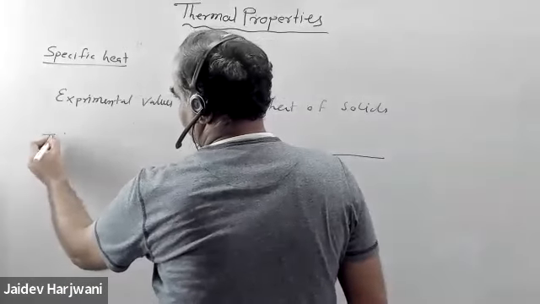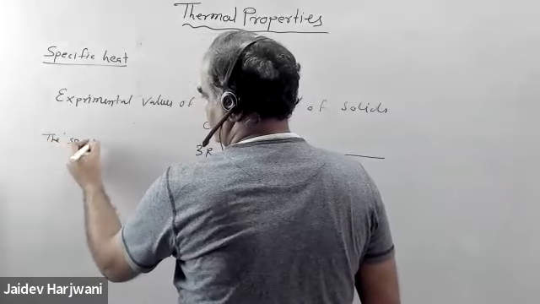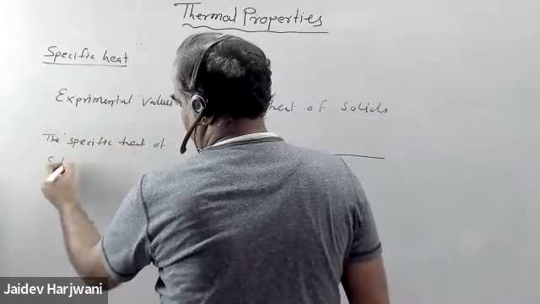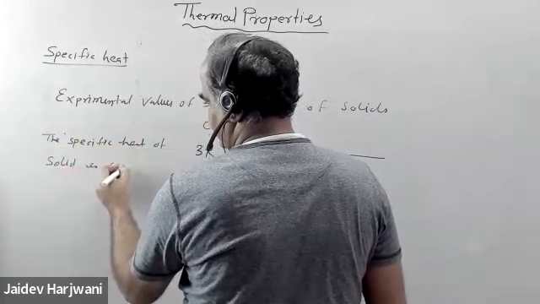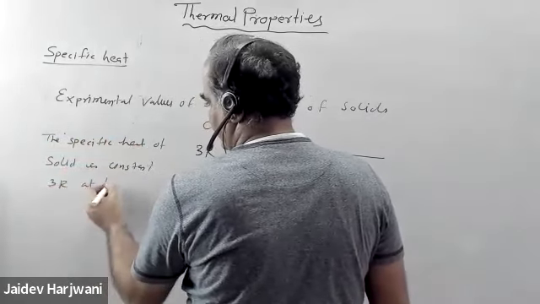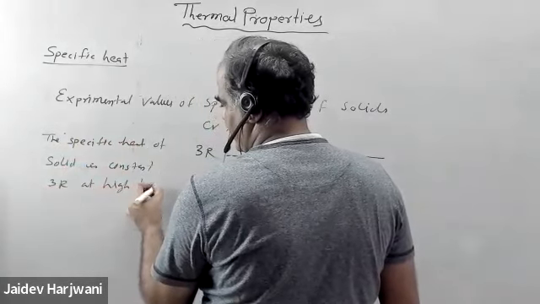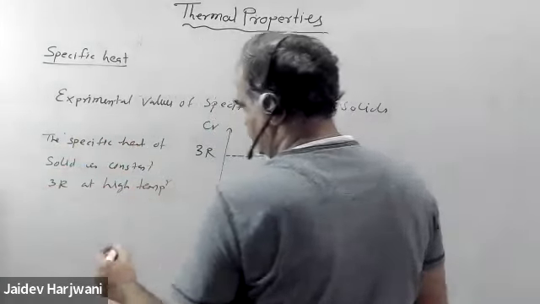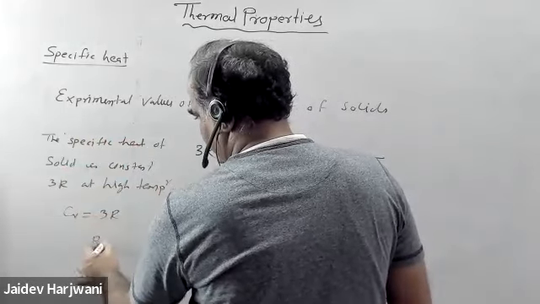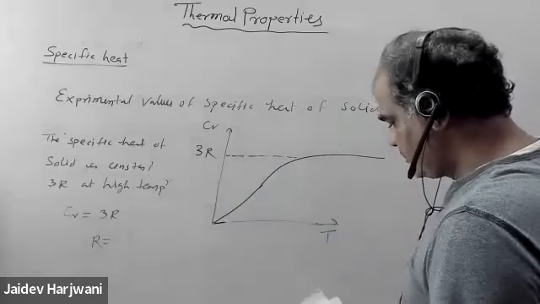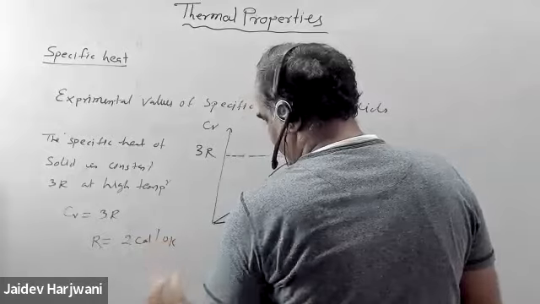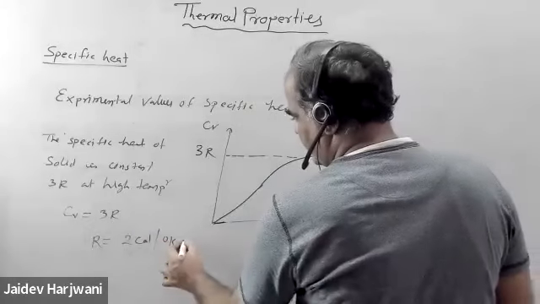So the specific heat of solid is constant, 3R, at high temperature. So Cv equals 3R, where R is your gas constant, whose value is 2 calorie per degree Kelvin per mole.